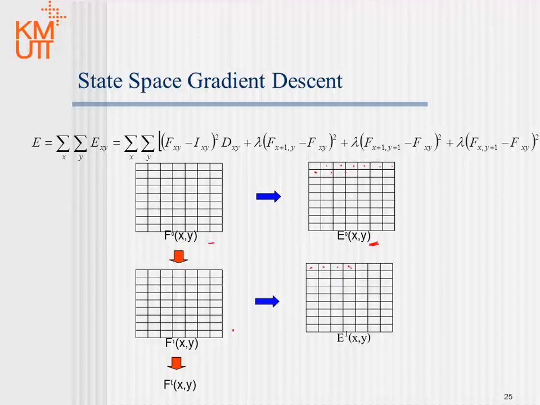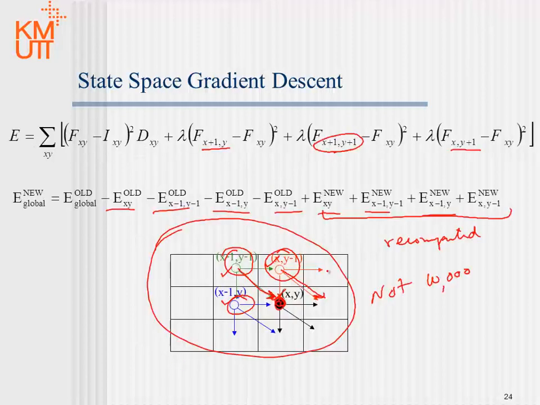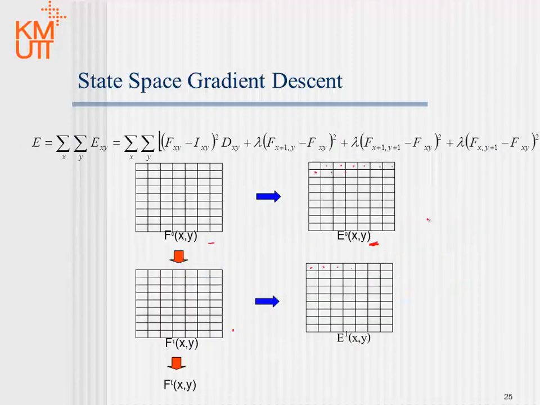Because by keeping the current energy, we will be able to subtract, we call that the current is the old, and then we recompute the new ones. That way we don't have to do many computations. So we keep energy also as an image, sort of like an image, but it's really just a two-dimensional array. So we keep energy as a 2-dimensional array.